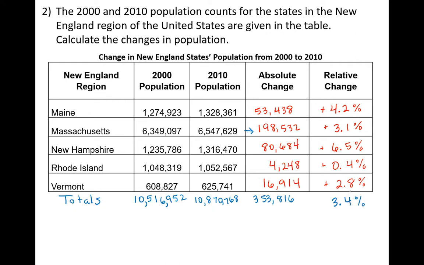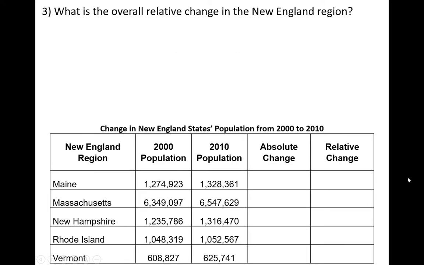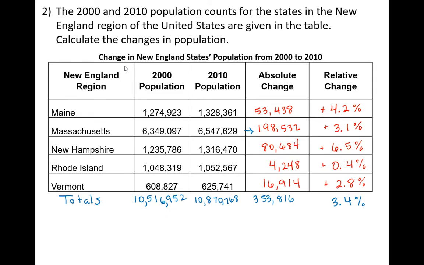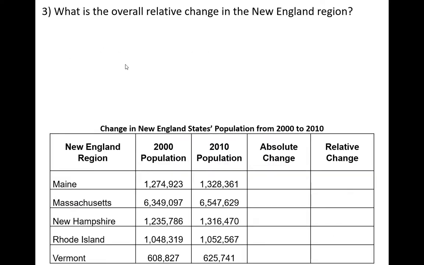That seems reasonable. Some states had a bigger change than that, particularly New Hampshire and Maine. The rest had somewhat smaller. So that's an overall reasonable result. So we did our math on the previous page. I'm not going to fill this in, but we can see our absolute change was 353,816. Our overall relative change was 3.4%.